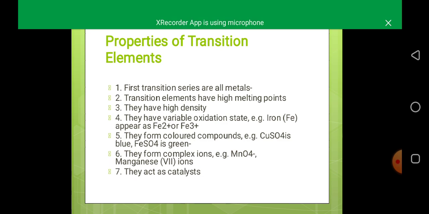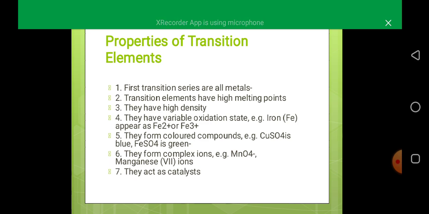Transition elements have high melting points. As we all know, metals need a high amount of heat to melt. They also have high density.